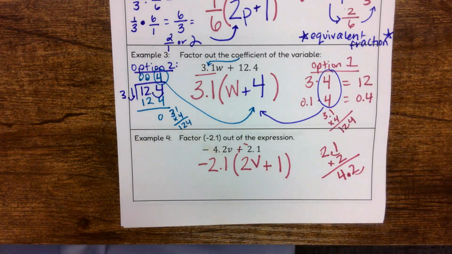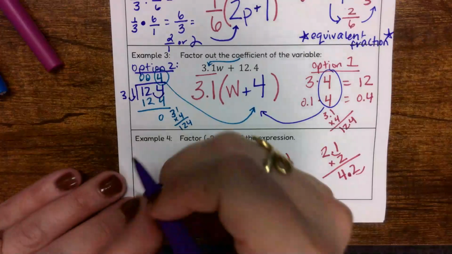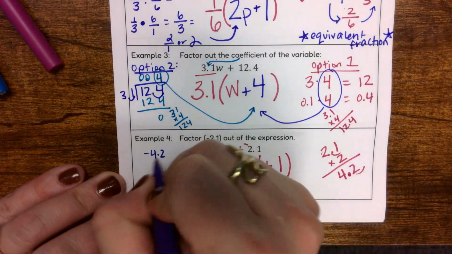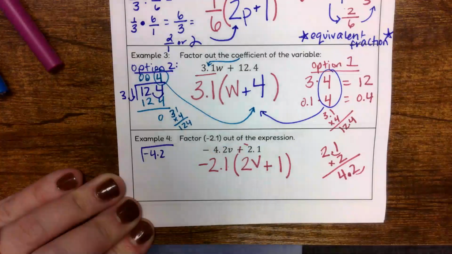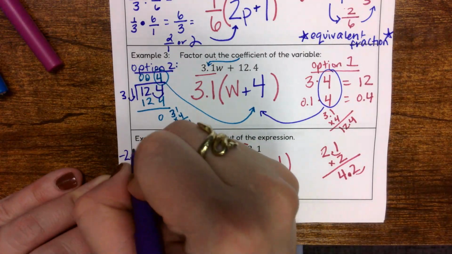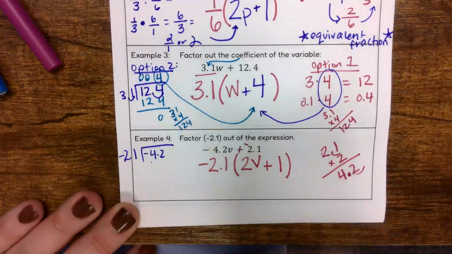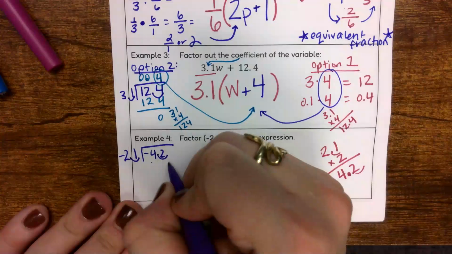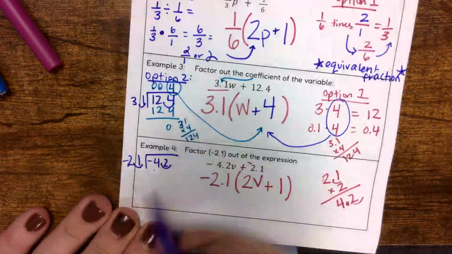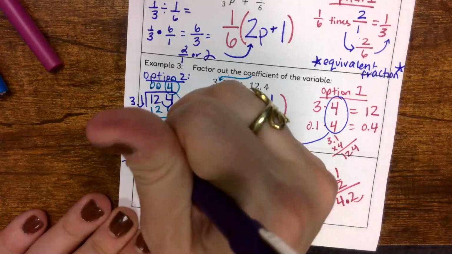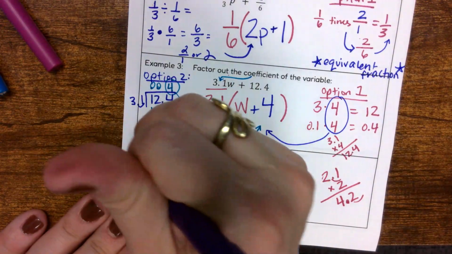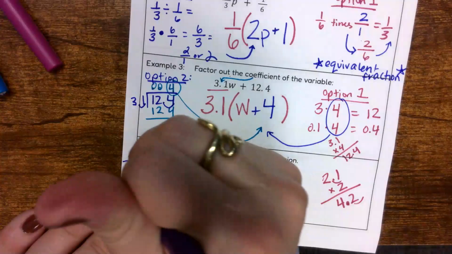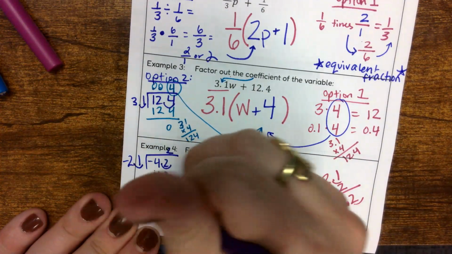Okay, again, you could have done this by doing negative 4.2 divided by negative 2.1. A negative divided by a negative is going to be a positive, so our answer is going to be a positive. We move all of our decimals over. 21 goes into 42 2 times. 2 times 21 is 42. So we subtract. Okay, that gives us 0.